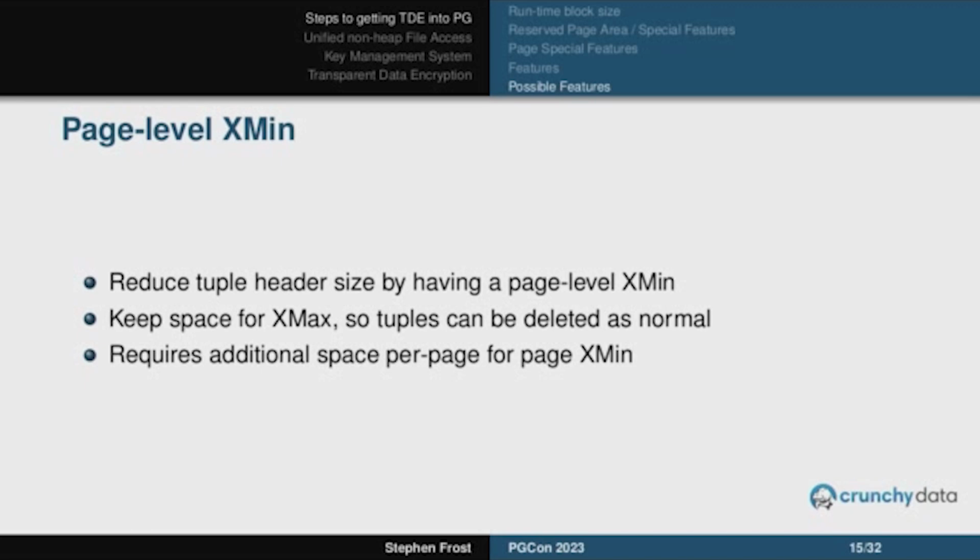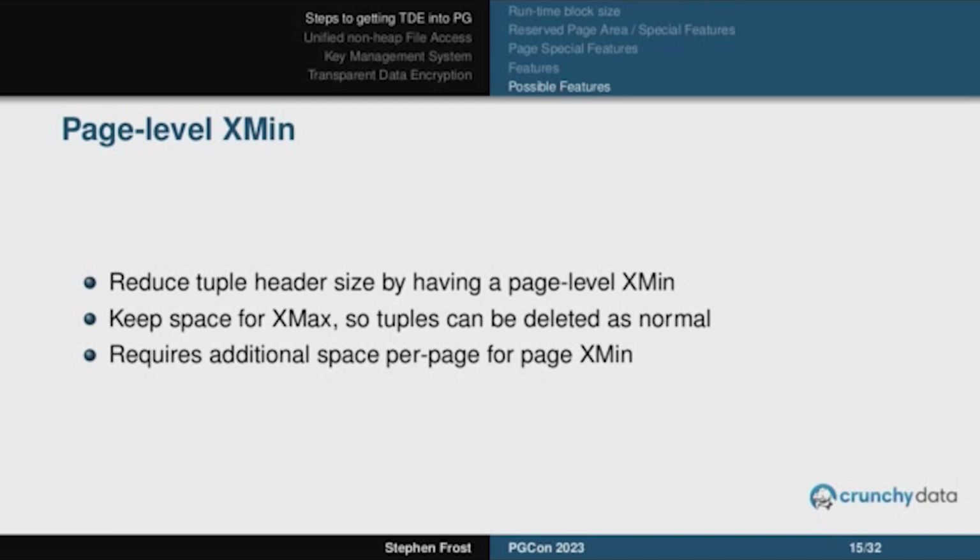Well, so you'd have to have some indication on a per tuple basis as to whether the tuple header is using the page level XMin or not, right? So everything that's doing an insert, if you're doing a big bulk insert or a big copy, those are all going to have the same XMin, for every page where it's able to.